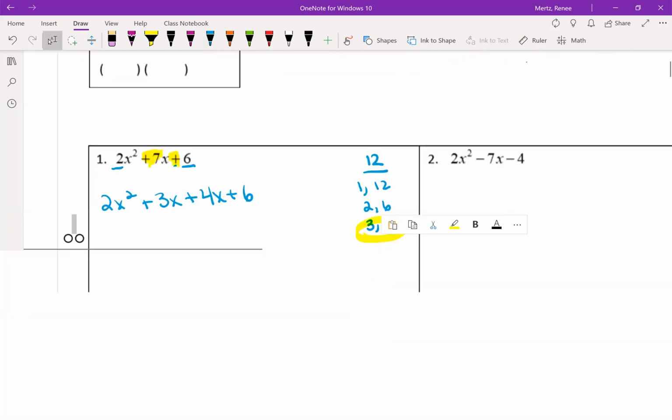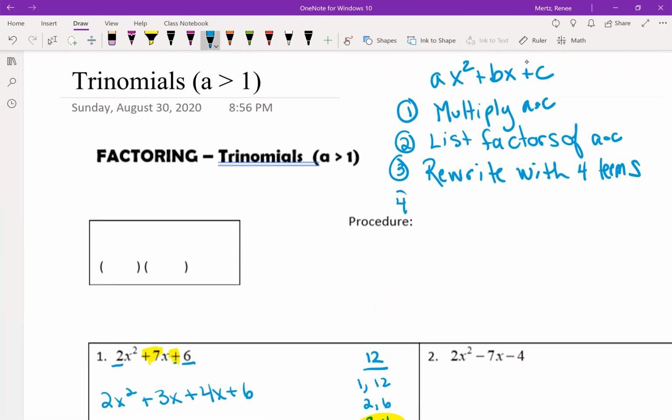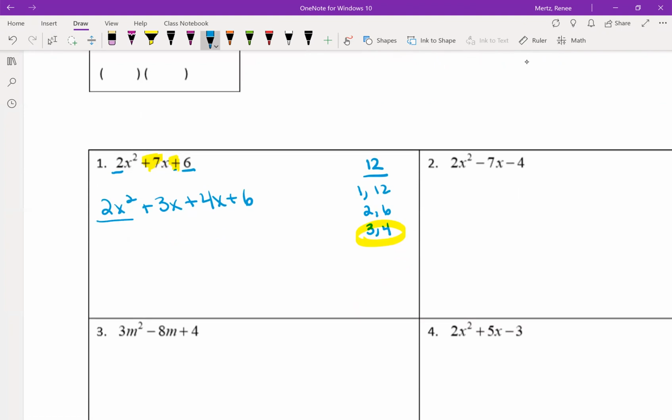From here, it looks just like a factor by grouping. So for the last step, we're going to do factor by grouping. If you don't remember, look back to the lesson titled Factor by Grouping. We box the first 2 terms, take out the GCF, repeat the factor, so keep a space, repeat.